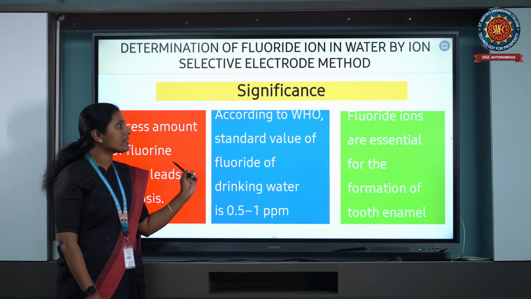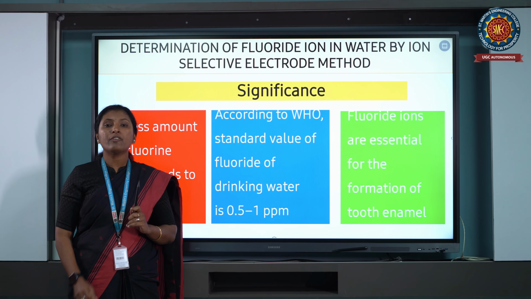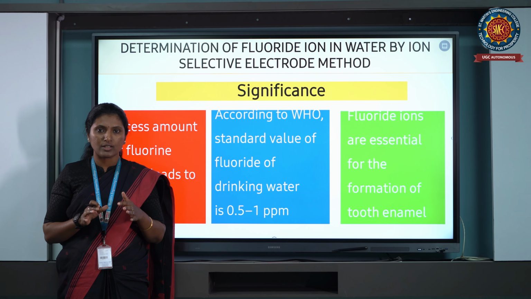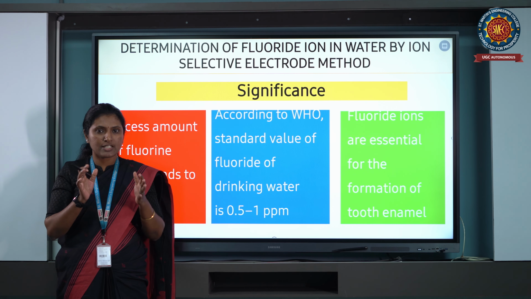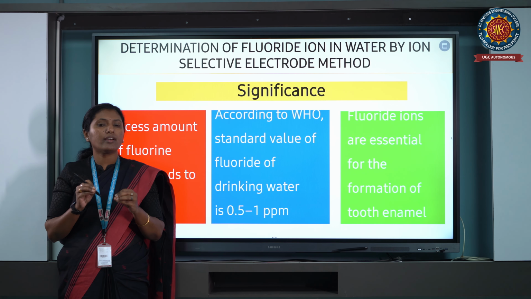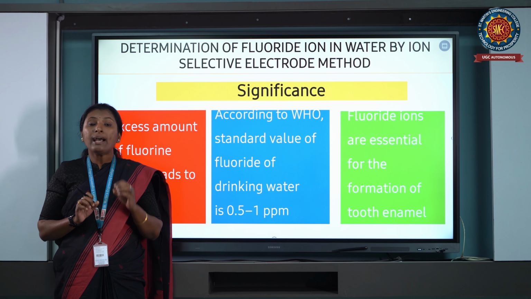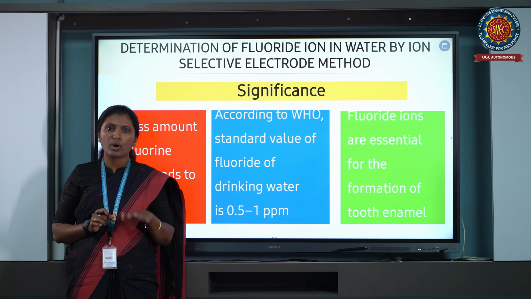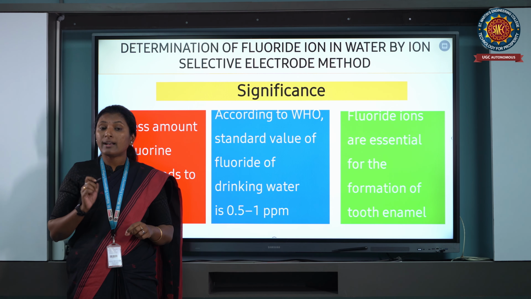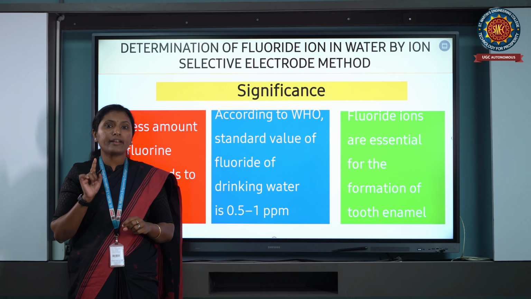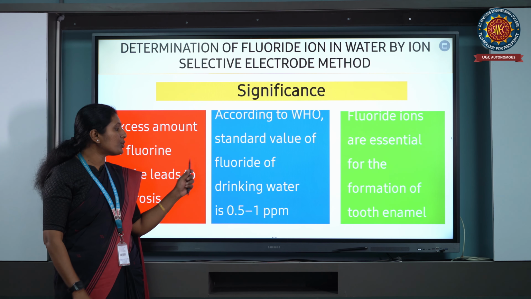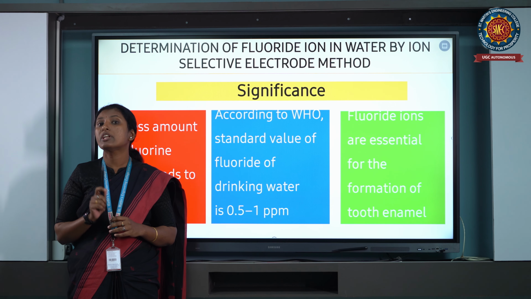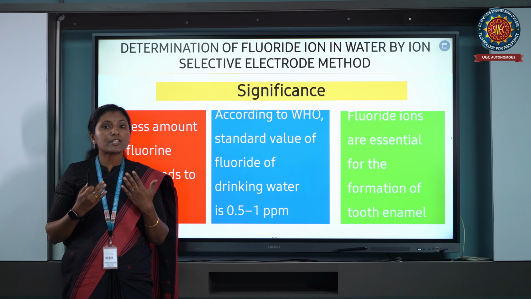So the main significance of our experiment is that we can understand how much fluorine is present in our drinking water. Just imagine you are analyzing your borewell water, and you want to know how much fluorine is present in it. As per WHO, I already told you there are some organizations like WHO, ISO, ISI, etc. As per WHO, in drinking water 0.5 to 1 ppm, or 0.5 to 1 milligram per liter of fluorine should be there, because we need fluorine.